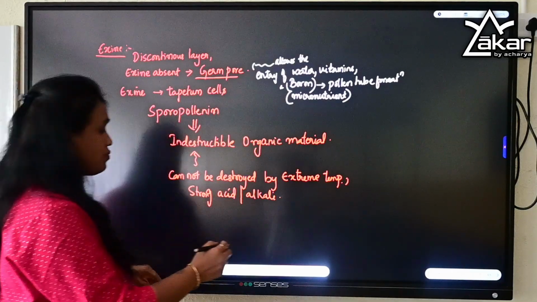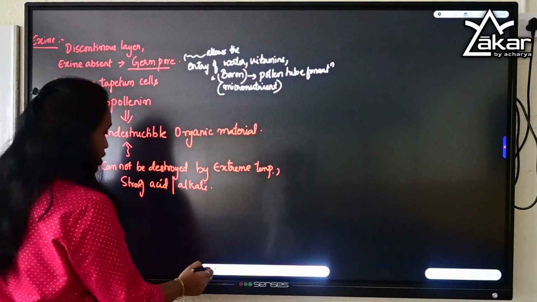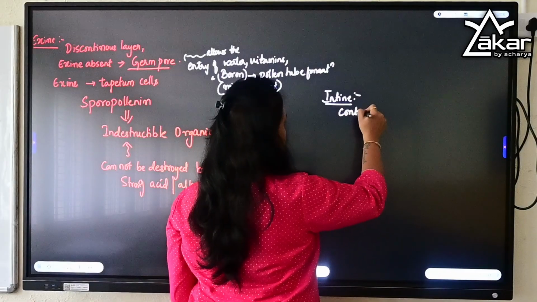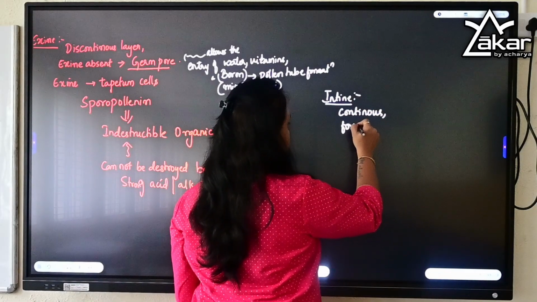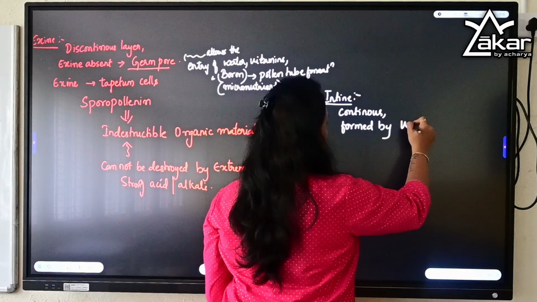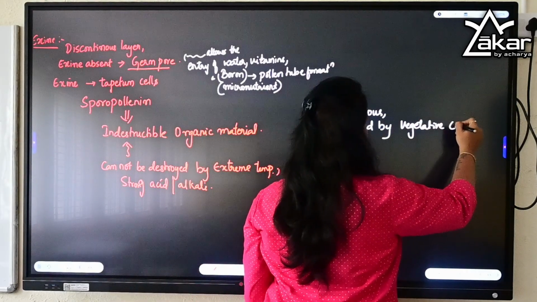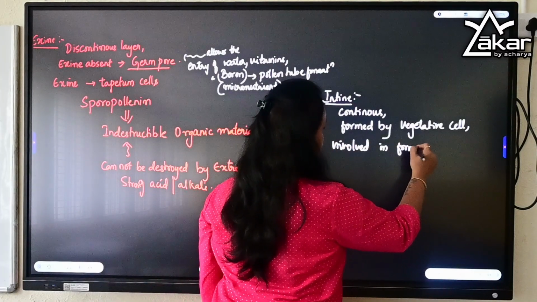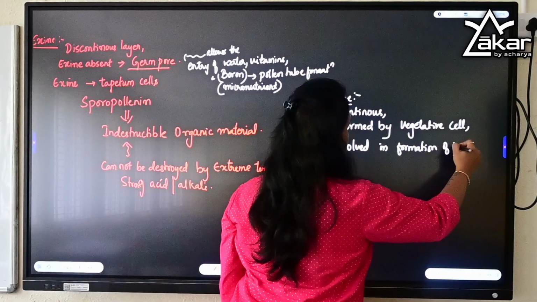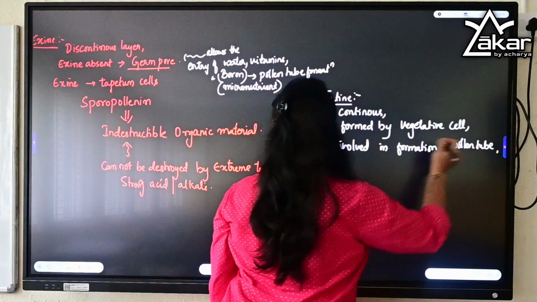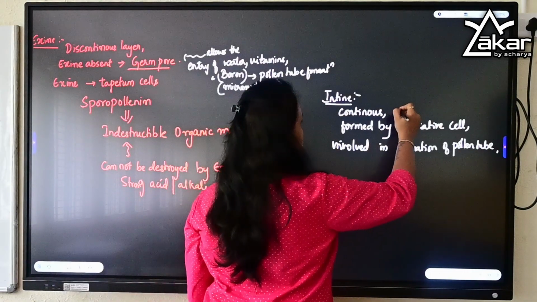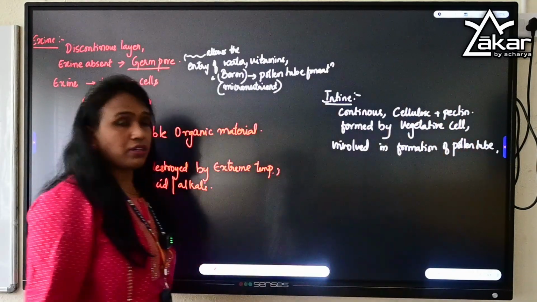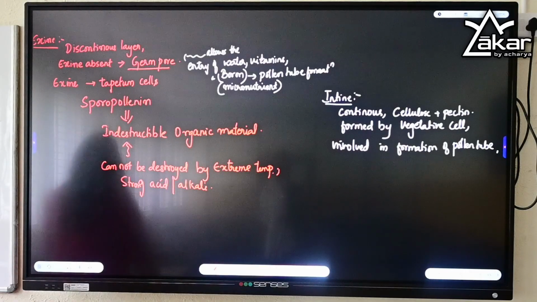Next, coming to the intine, intine is continuous, formed by the vegetative cell, involved in formation of the pollen tube, and the wall of this intine is made up of cellulose and pectin. That is with the exine and intine.